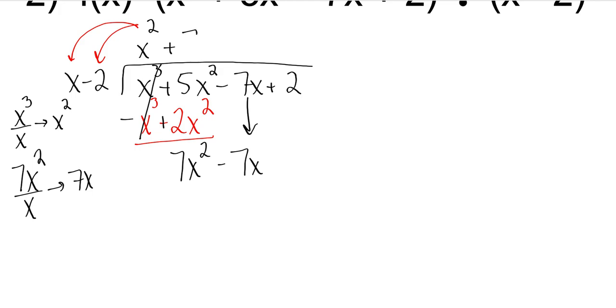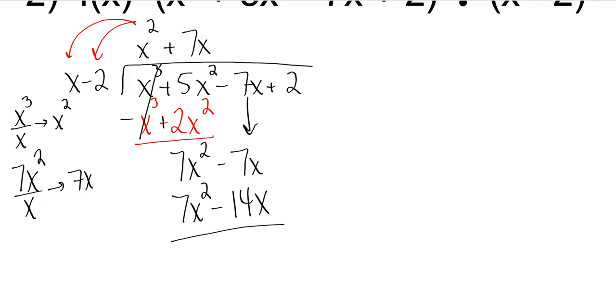So plus 7x. And now we take the 7x through there. Okay? So we'll have 7x squared minus 14x. And remember, change the signs. Those go away. We've got a 7x again left here. Bring down the 2, and you're almost done.